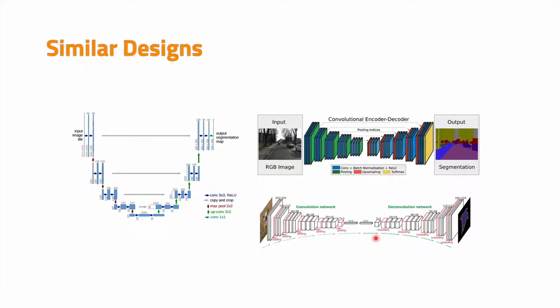And similar designs have been used in a lot of different works. Basically, those network models follow this hourglass shape. They will first downsample the image, so that we can use 3x3 convolution at each level while achieving a much bigger receptive field.